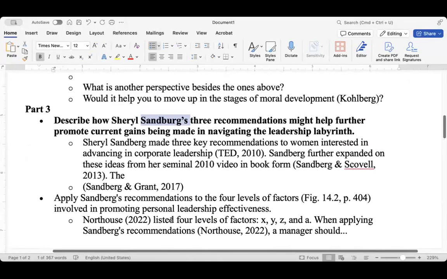So make sure that it is clear that you are always identifying where that particular set of information is coming from. Because even though it's all originating here, and here it's written up in Northouse, here it's written up in Sandberg and Scovell, here it's published by the TED Foundation, and each of these things is giving us a clear path to where to get more information on that.